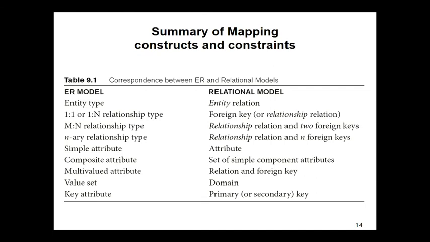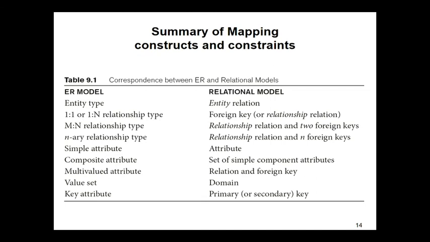If I have a multi-valued attribute, we make a new relation associated with that and the foreign key associated with that. Okay? The value set is that data, so now that we actually have the data, it becomes the domain. And again, what's the domain in terms of data? All of the possible valid values that you can potentially have.